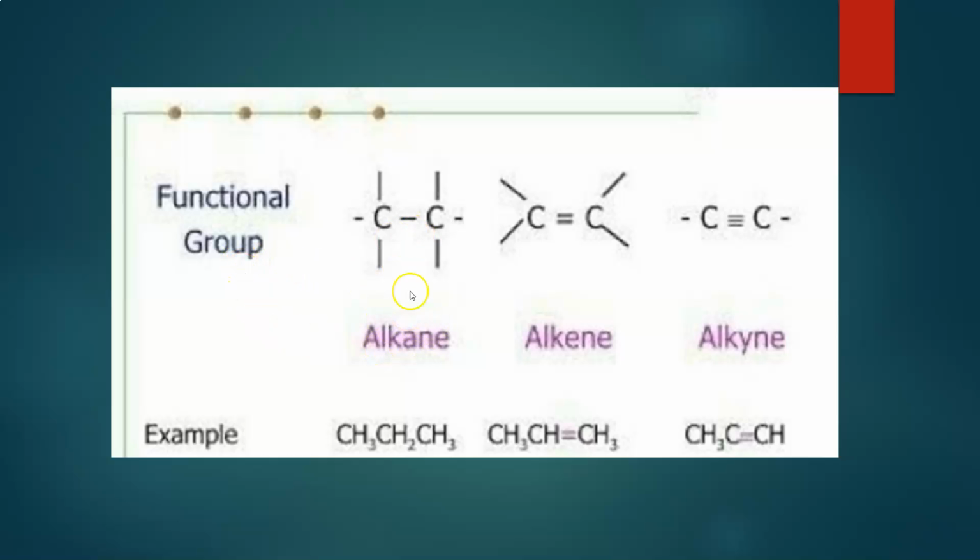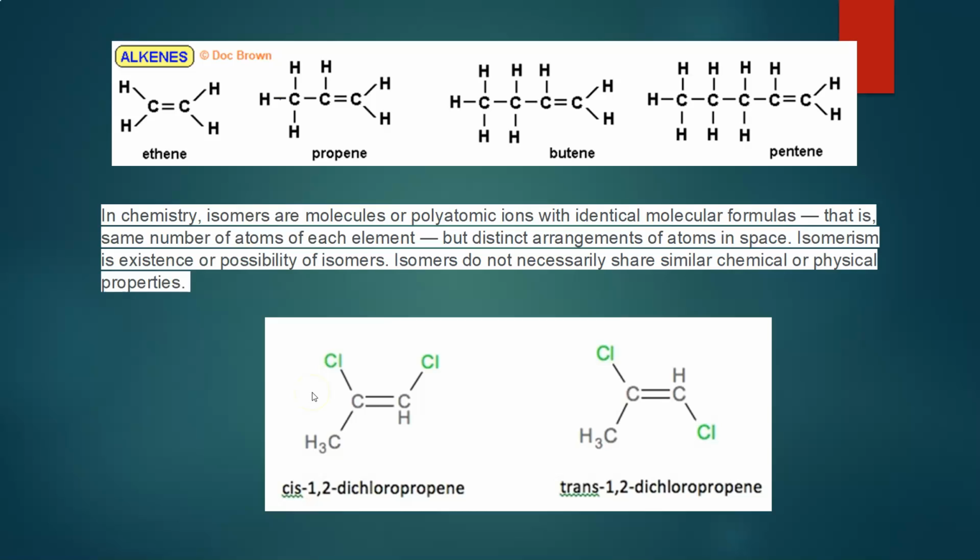The alkanes contain only single bonds between atoms of carbon, but the alkenes contain at least a double bond, and an alkyne at least a triple bond. Here you have examples of this molecule. The alkenes, for example, can be ethene.